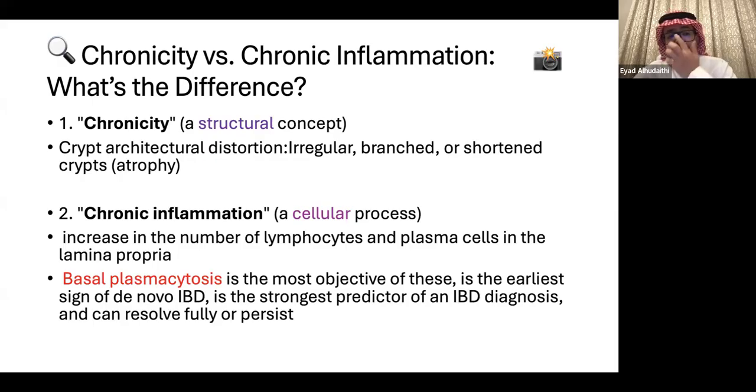But chronic inflammation is a cellular concept. It means an increased number of lymphocytes and plasma cells, and the most important cell that indicates abnormality is basal plasmacytosis. It's a keyword that indicates early or de novo IBD. It's one of the strongest predictors of an IBD diagnosis, and it can resolve fully or persist.